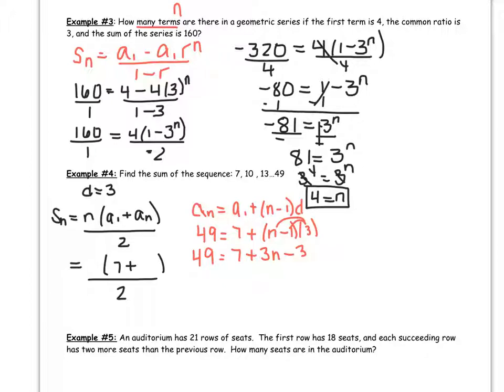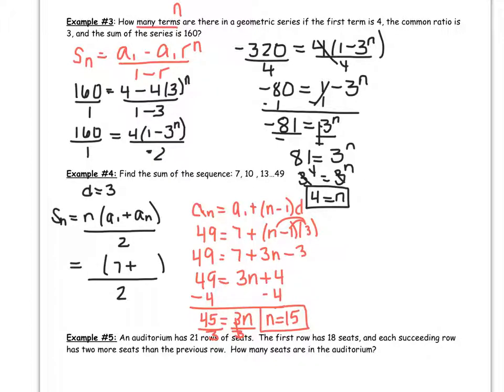we can combine like terms with the 7 and the negative 3, so that's 49 equals 3n plus 4, and solve. Subtract 4, and n is equal to 15.